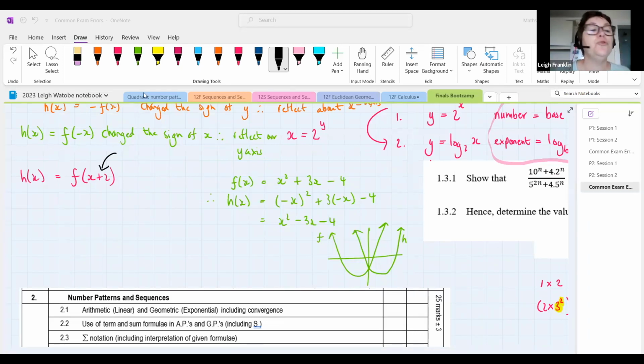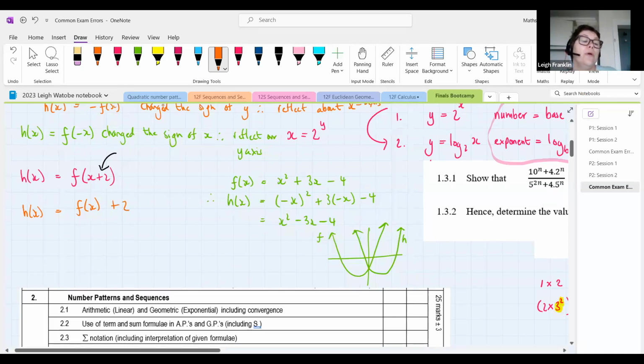All right, so if you added 2 onto x, it would shift the graph 2 units to the left. If they say that h of x equals f of x plus 2, can you see they have added 2 onto y? So here we have shifted to the left.